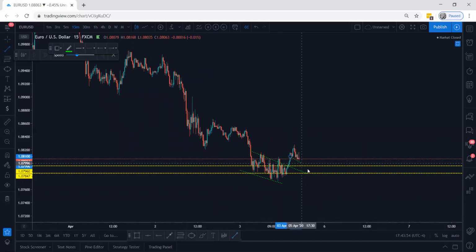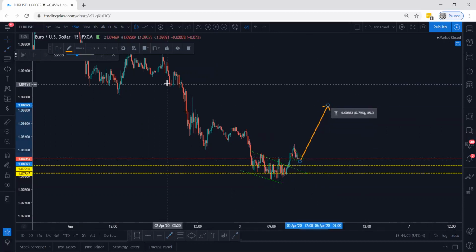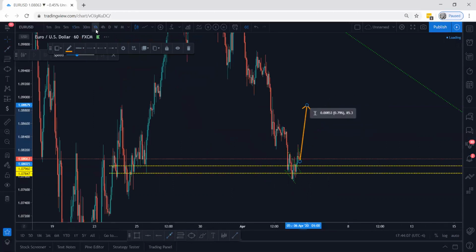I'm already getting a correction. Price is more than likely going to respect this zone again, and we'll be looking for the continuation of that buy to the upside.